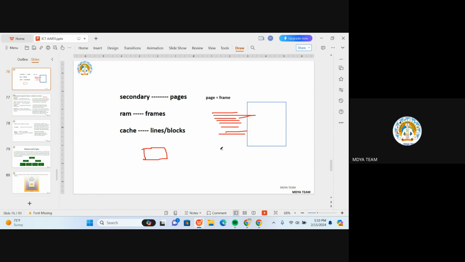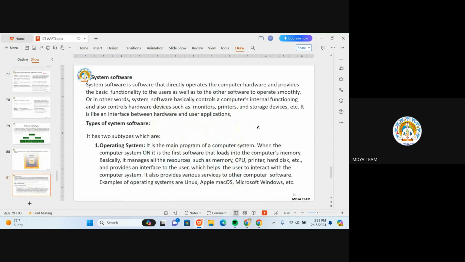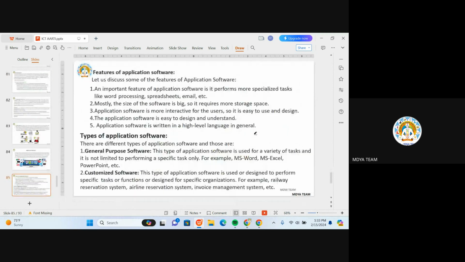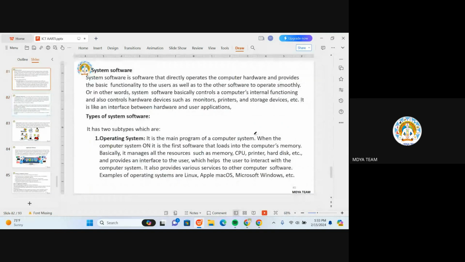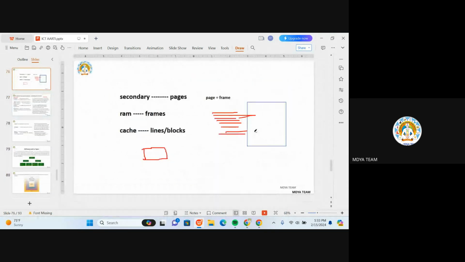One by one you will see every frame. So this is 1 frame, 2 frame, 3 frame, 4 frame, and each is equal to 1 page on the hard disk.